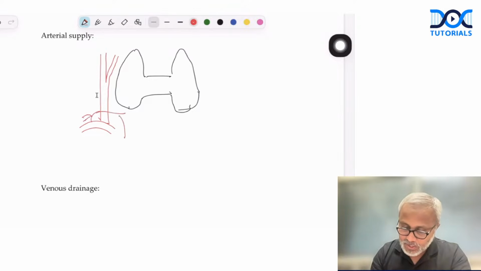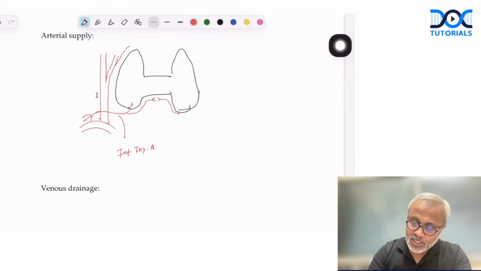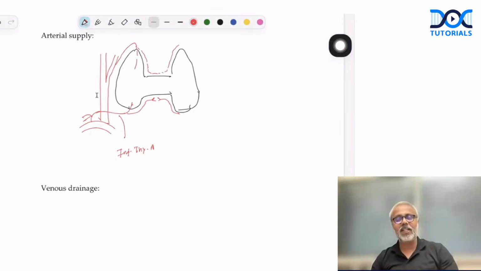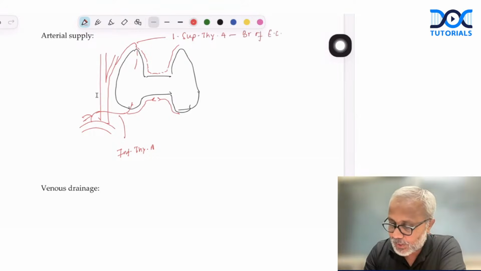One of the branches is the inferior thyroid artery. The inferior thyroid artery will supply the lower pole of the base, and it will form an anastomosis with the opposite artery. The external carotid artery will give rise to the superior thyroid artery. This will form an anastomosis with the opposite artery along the upper border of the isthmus.